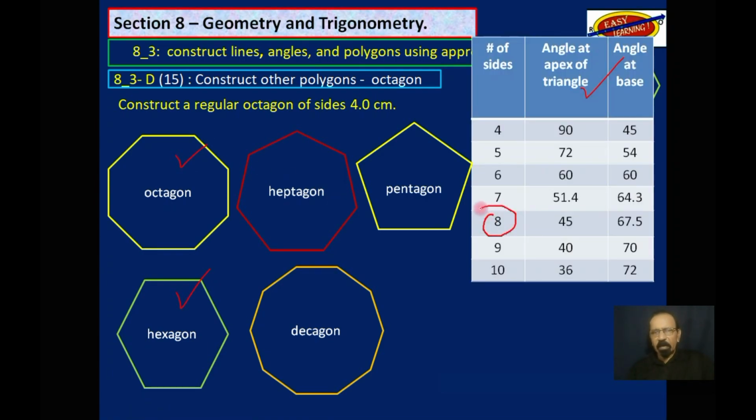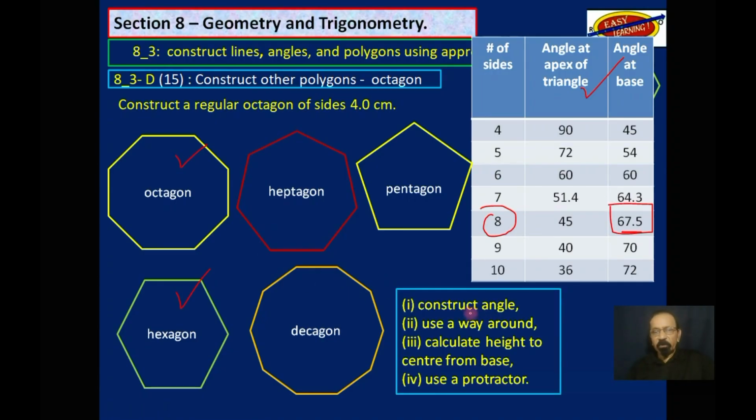Octagon here, it has 8 sides, and that base angle is 67.5 degrees. We don't know how to construct 67.5, but we know how to get to that. So the principle we are using is we will construct the angle if we can, like 60, and then this one 67.5. If we can't construct the angle, we will find a way around.